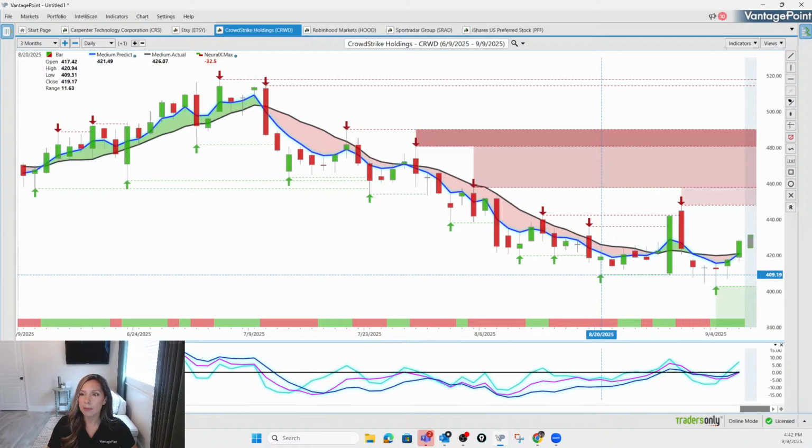Price has tried to test this level many times. Anywhere price touches this line, that's 1, 2, 3, 4, 5. Five times we tried to break that level. Anyone guessing at this point that that level's probably pretty strong? When price fails to break a level 5 times, we know that level is probably going to hold pretty strong at this point.